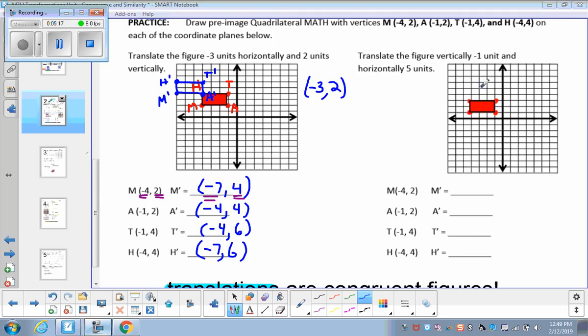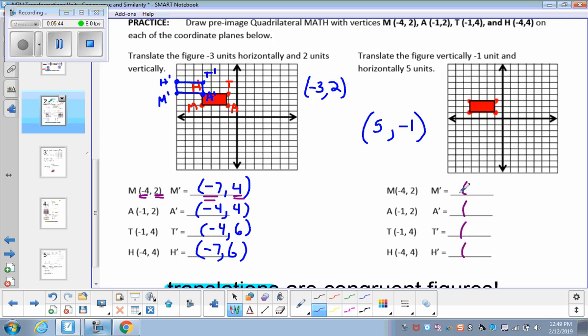So now let's take a look at the next example where we're going to translate the figure vertically. Careful, vertical is going to be a down 1. So down 1 is in the y spot. And horizontally, so as an ordered pair, we're going to move it to the right 5 and then down 1. Now let's use our shortcut. Let's take each of these x coordinates and move them over by 5.